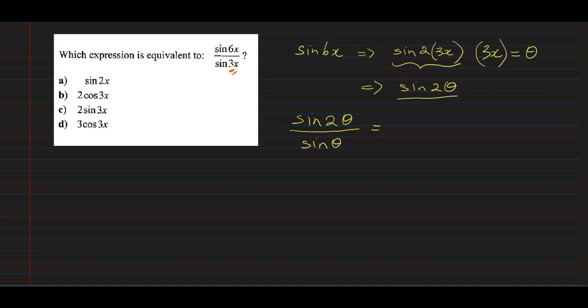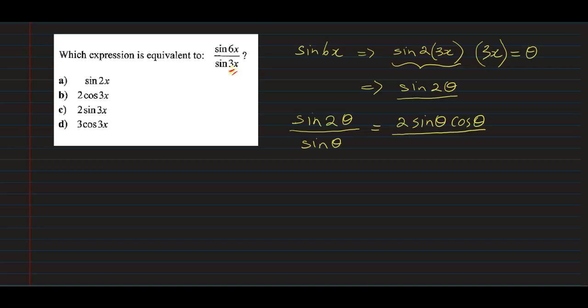Nothing illegal, we just replaced a couple of things. We manipulated it in a legal way so that we can use the sine double angle. Now, if you remember, sine of 2 theta is 2 sine of theta cos of theta. That is the equivalent expression of sine of 2 theta.